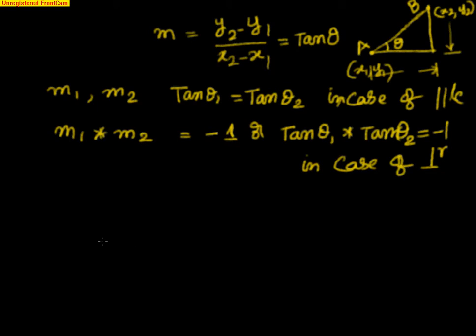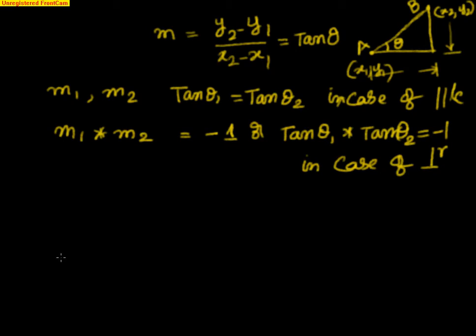Let me say that I have two parallel lines. These are my two parallel lines, and so we know, suppose, let us say that, just give me a minute, I'll just erase this so that you can see it clearly.